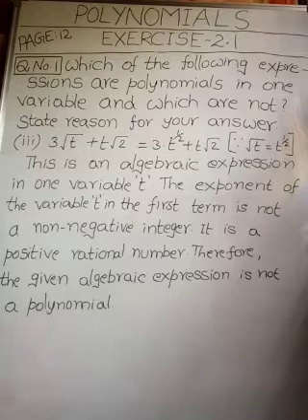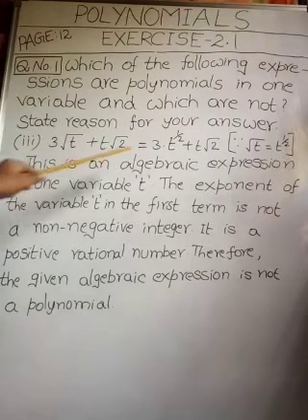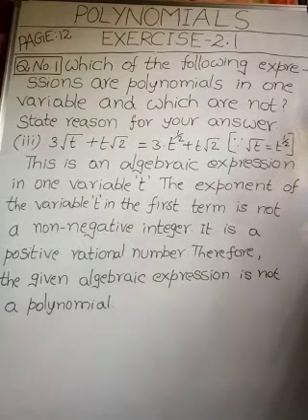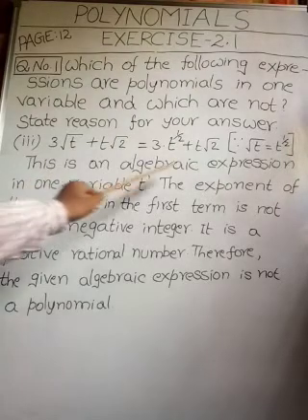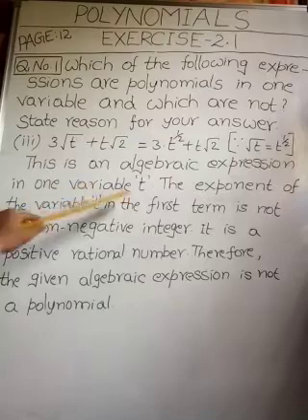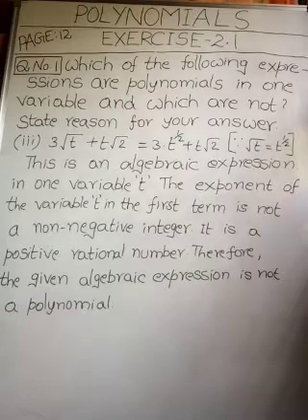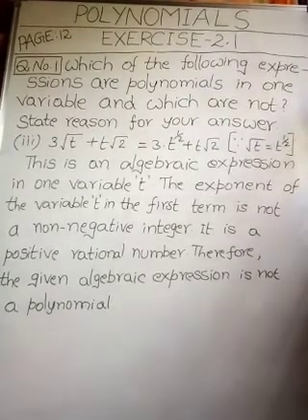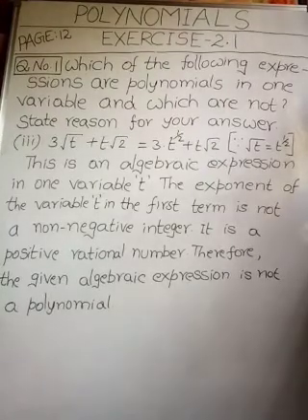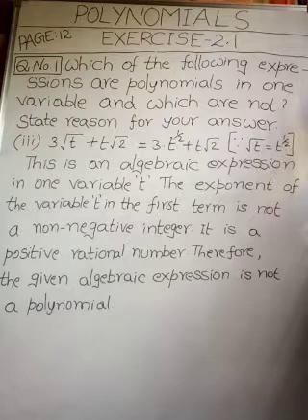Okay, my dear children. Now, what are the variables used in this algebraic expression? Only one variable. This is an algebraic expression in one variable t. T is the only variable in this algebraic expression. Now we have to check whether the exponent of the variable in each term is a non-negative integer or not.